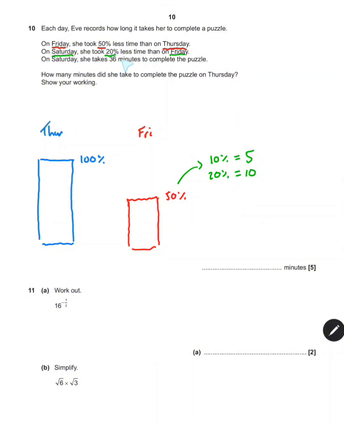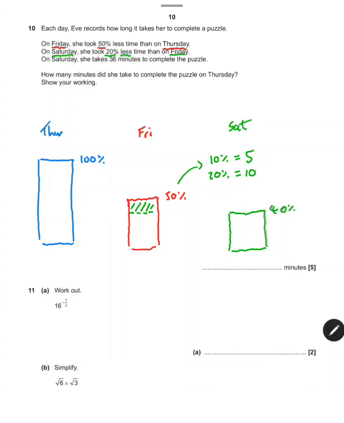Be careful, it says 20% less time, so I need to remove this 10 away from this. And that's going to give me Saturday's figure. So I'm starting at 50%. I'm coming down by this 10, which is actually 10%. I'll land on 40%. If you like, I've knocked off 20% of 50%.